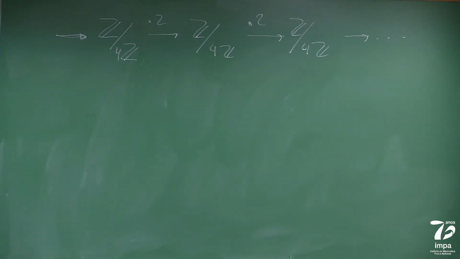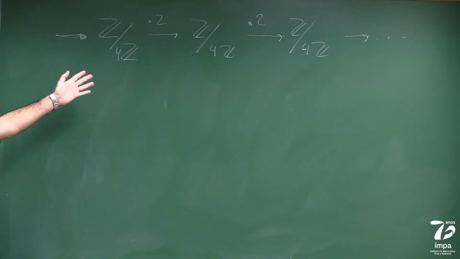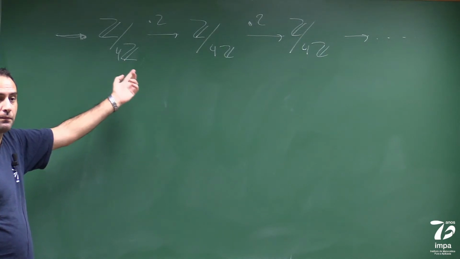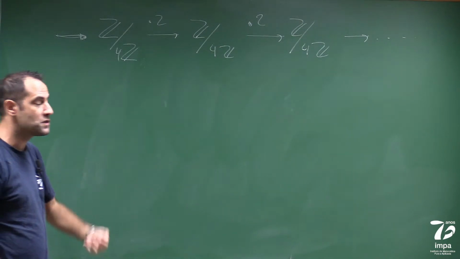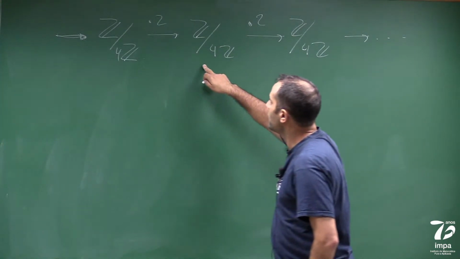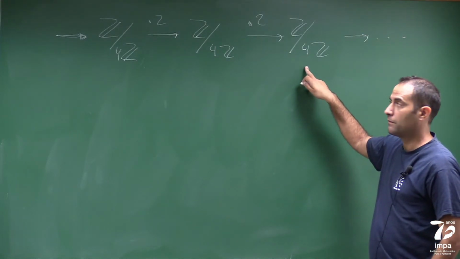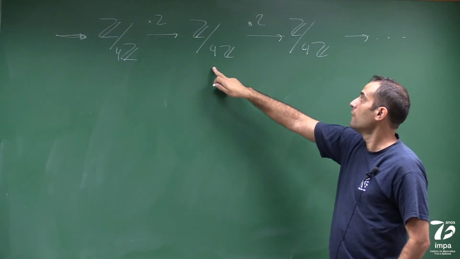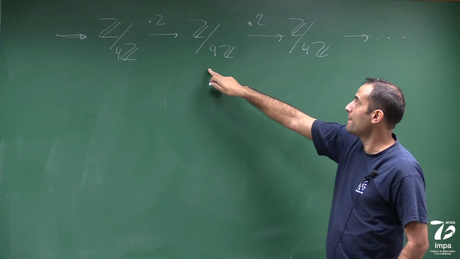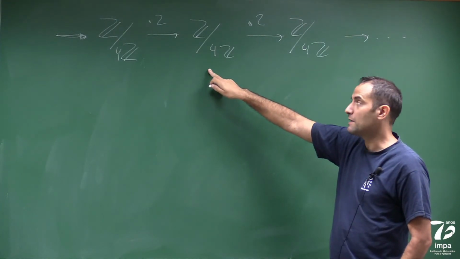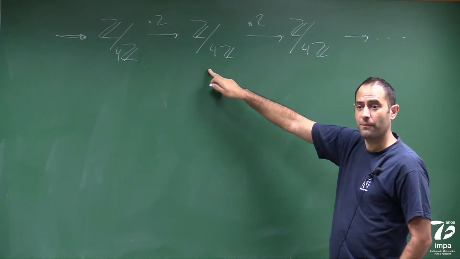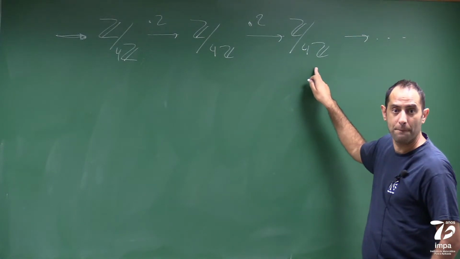The support of this complex is the whole integer line. So there's no Ck that is 0. This is unbounded in both directions. And it's clear that the kernel of this map in here consists of the element 2 and the element 0. 0 times 2 is 0, and 2 times 2 is 4, which is 0.